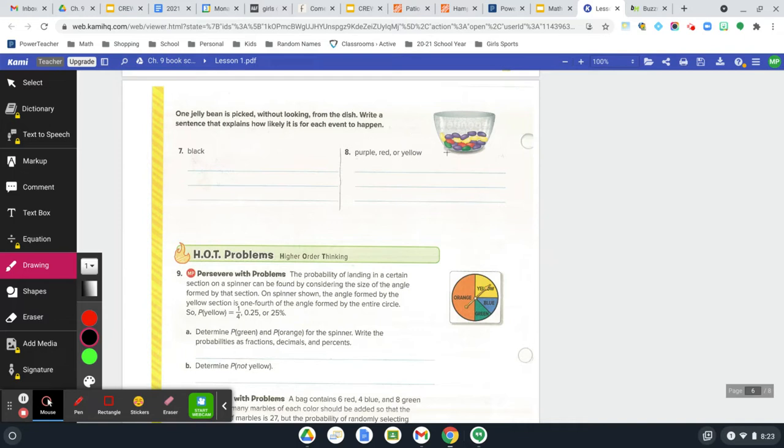So first off, let's take a look at how many jelly beans are in this bowl. Go ahead and count right now on your paper. So hopefully you came up with 20. There's 20 total jelly beans in that dish. And so then let's look at each color. So count how many purple there are.